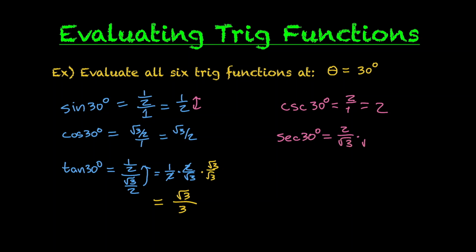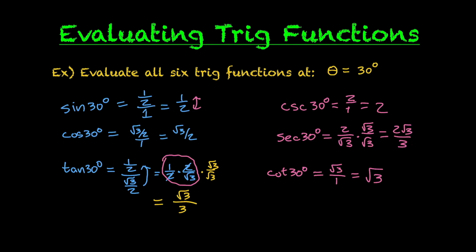And again, we can rationalize this by multiplying by root 3 over root 3, so 2 root 3 over 3. And finally, cotangent of 30 degrees is flipping tangent upside down, and you can flip it anywhere, and really it's best to flip it right here. So instead of 1 over root 3, it becomes root 3 over 1, or just root 3.